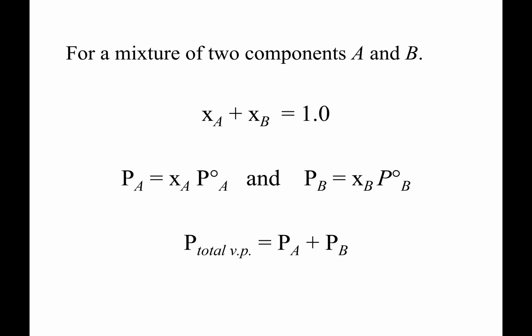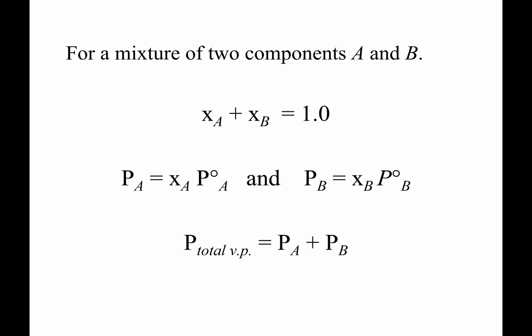According to Raoult's law, in this headspace above your liquid, the partial pressure of A will be equal to the mole fraction of A times the pressure of A in its pure state. The partial pressure of B will be equal to the mole fraction of B times the equilibrium pressure of B in its pure state. So that's what we're talking about there.